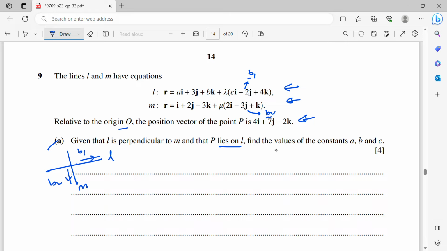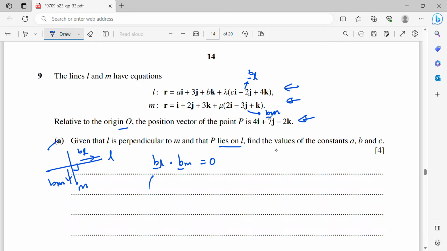Now, when they are perpendicular to each other, it means that b1 is perpendicular to b2. So I will say bL dot bM equals 0, because they are perpendicular to each other.